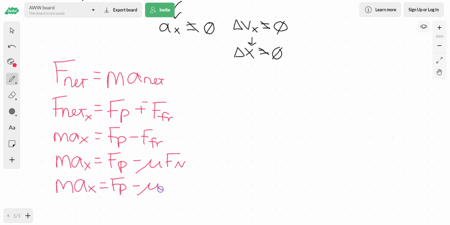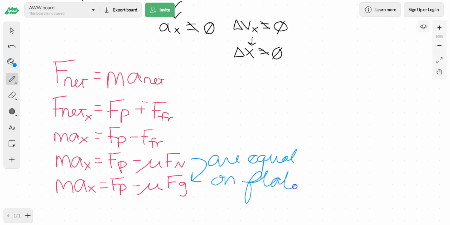So that means that this is the force of the pull minus the coefficient of friction multiplied by gravity. The reason for that, as already discussed, but I'll write it down, is that normal and gravity are equal on flat surfaces. So because of this, we can end up with this equation to calculate the net acceleration if we wanted to.